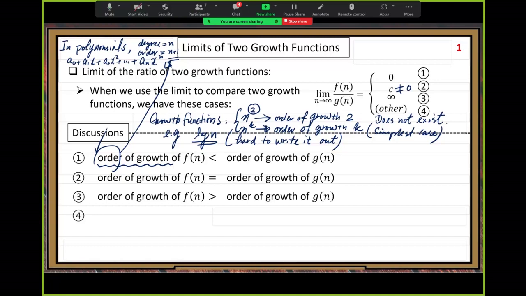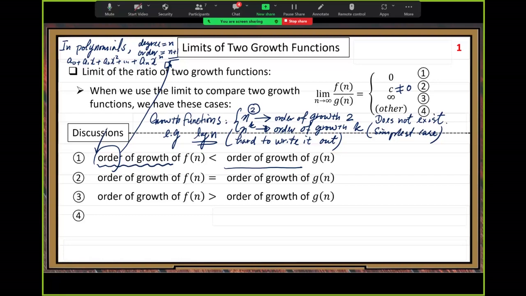So there are some hard cases where we cannot write specific numbers out as the order of growth. For that reason, when we talk about this concept, order of growth, many times we do not write explicit numbers out.